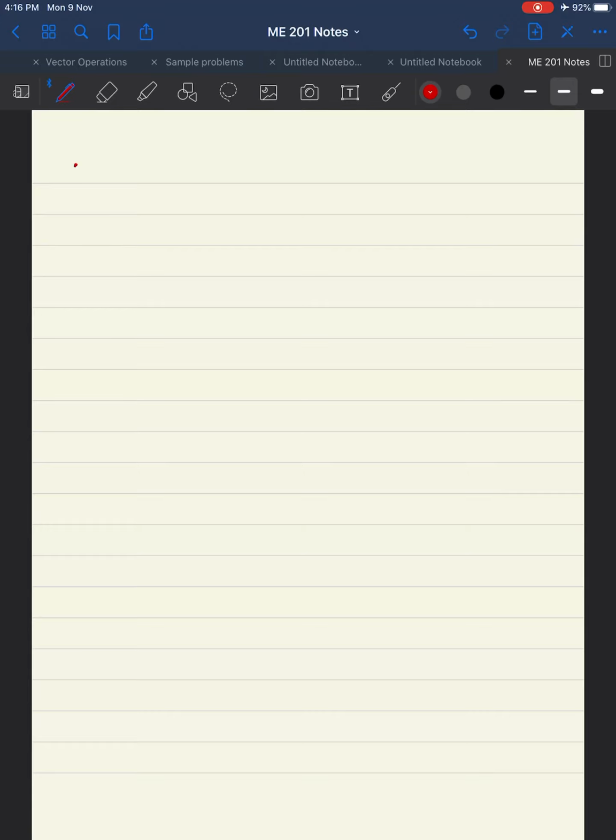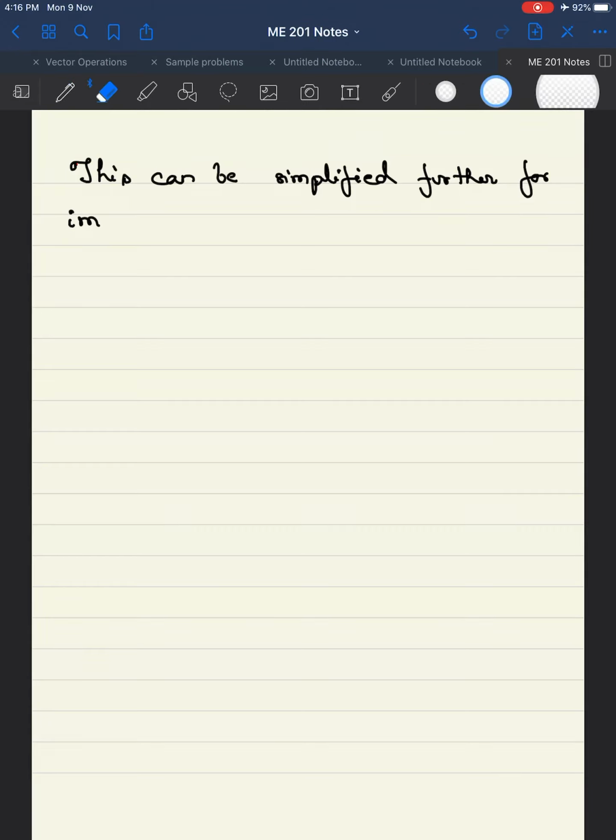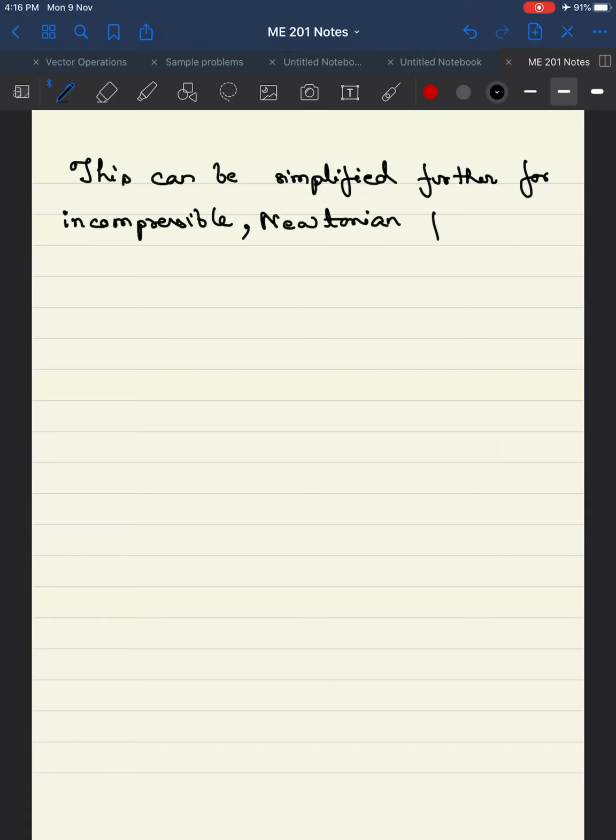This can be simplified further for an incompressible Newtonian fluid with constant dynamic viscosity.